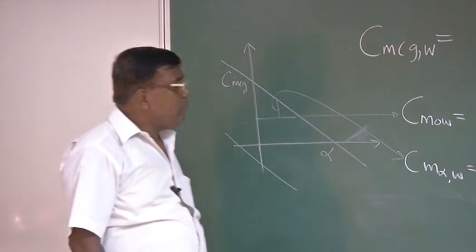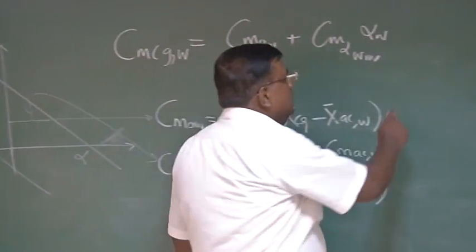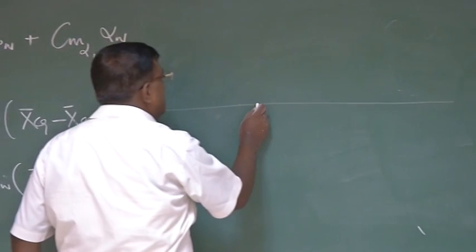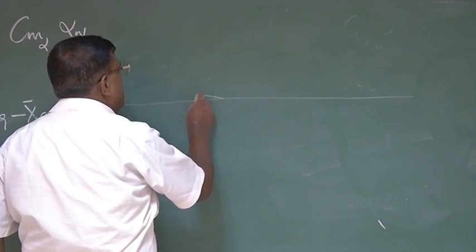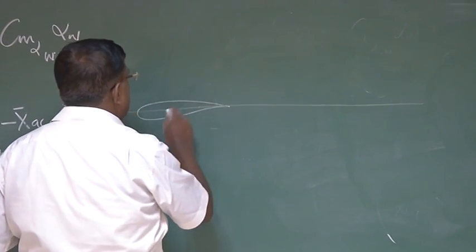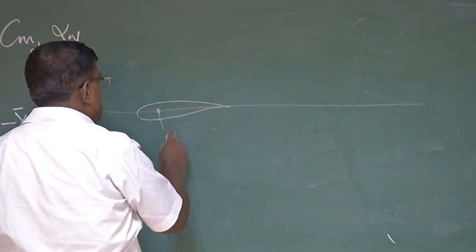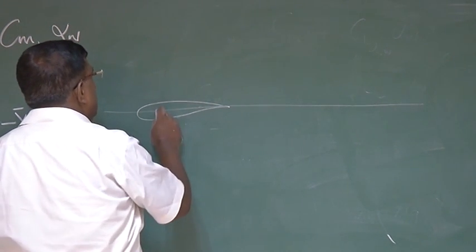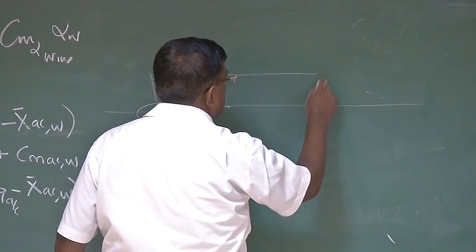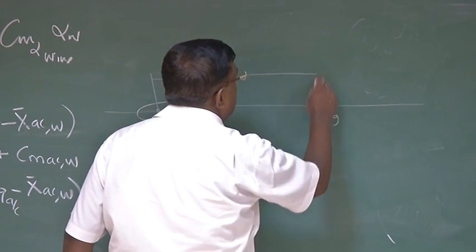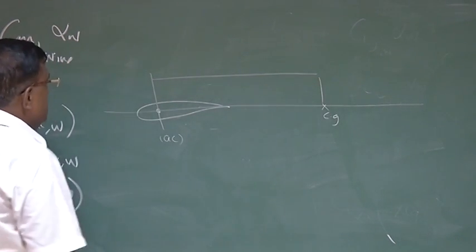Okay? Now see what is the meaning of this. Suppose this is the line, and let's say this is the wing, and this is the AC, and this is the CG. Let's say somewhere it is CG. I'm simplifying the diagram. What does it say?